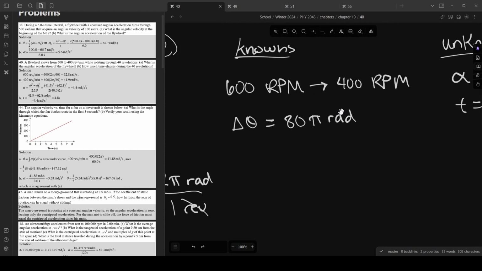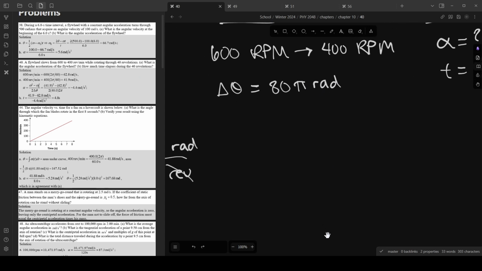Alright, so it's asking for what is the angular acceleration of the flywheel. So let's go back to our kinematic formulas, or angular formulas, and we want acceleration. We don't have time, so we do have our delta theta.